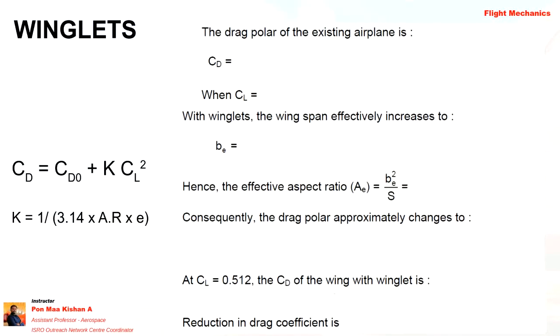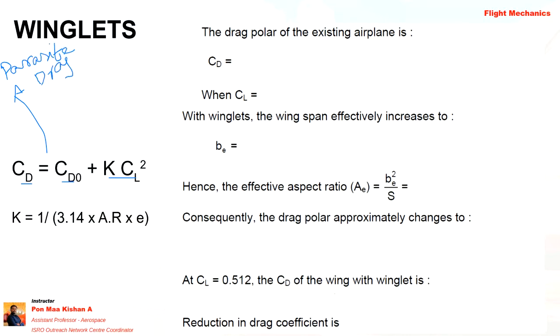So in the previous lecture, we calculated the coefficient of drag, right? The drag polar equation has been derived. CD naught indicates the parasite drag, right?